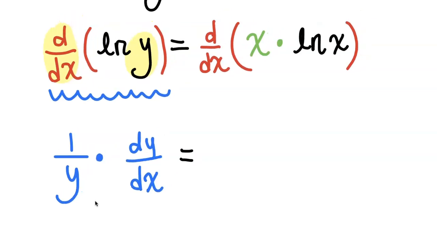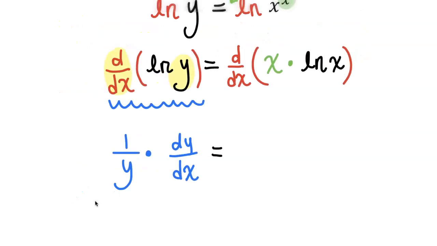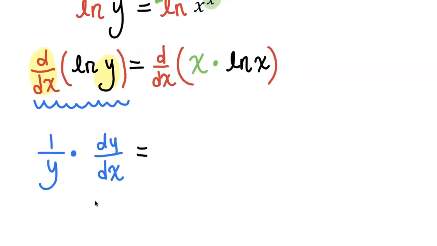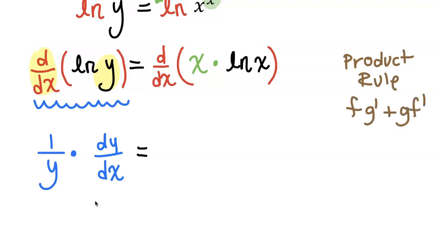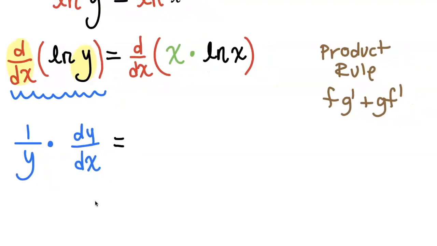Now if you look at the right side, we have a product, right? So we're going to do the product rule on the right-hand side. The product rule says first times the derivative of the second plus second times the derivative of the first, where first is that green x, then the derivative of that x is just 1.